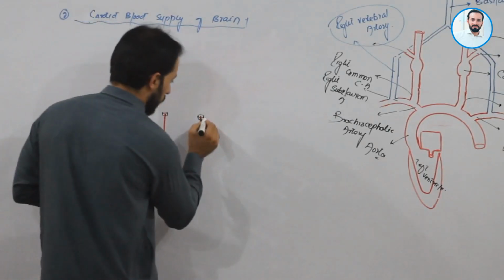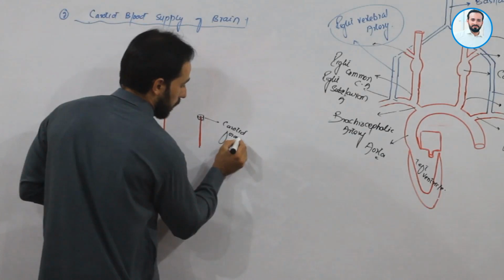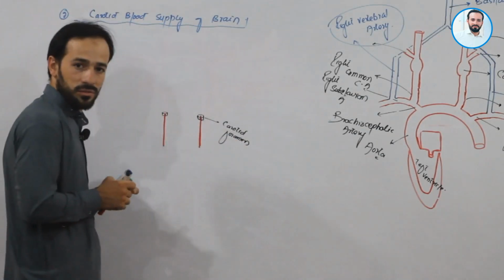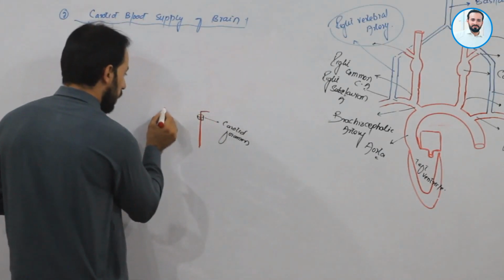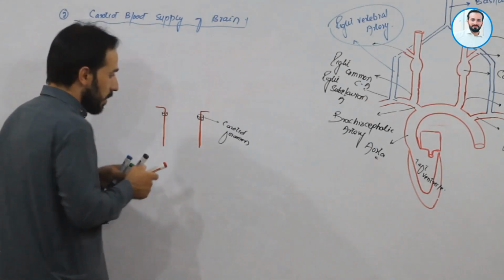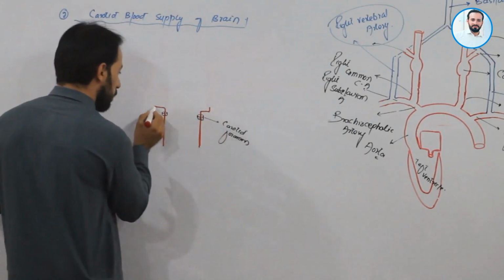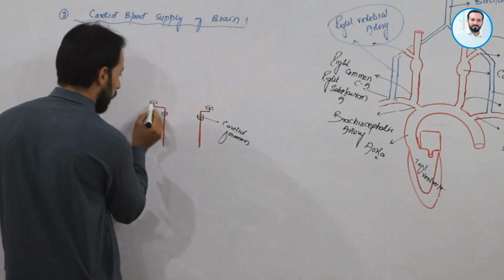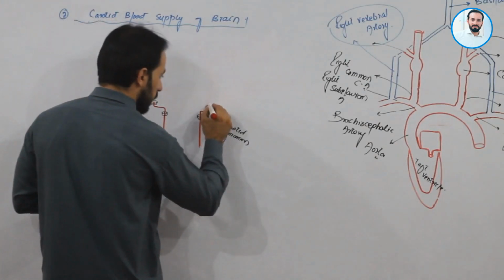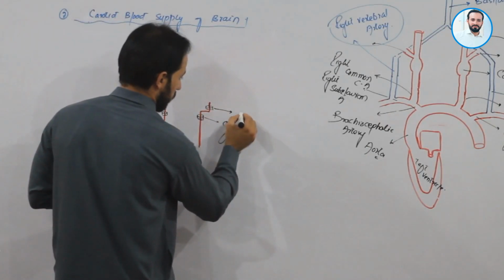So let me write those foramina also. This is carotid foramen, on this side also, right? So this artery moves up and turns like this, and this one also moves up and turns a little like this, right? They move up a little again, and they exit out of another foramen, and this foramen is called the foramen lacerum.